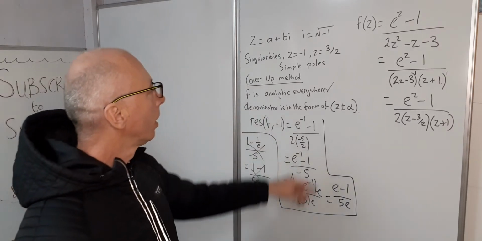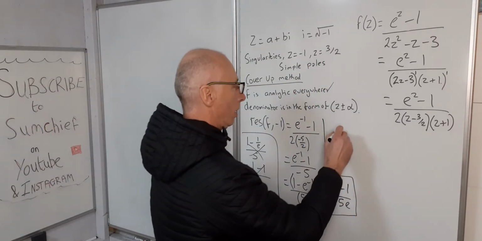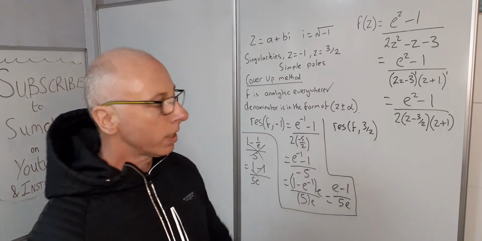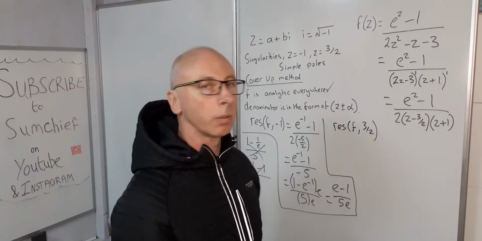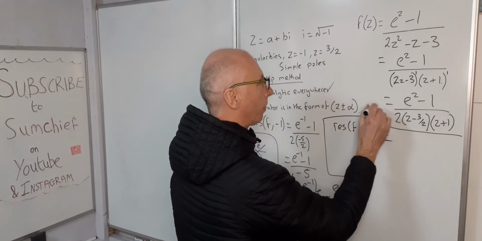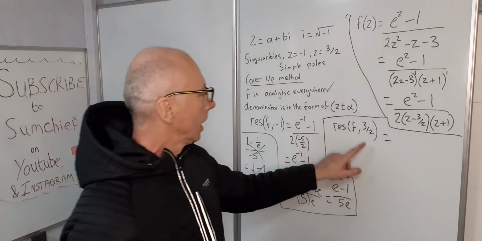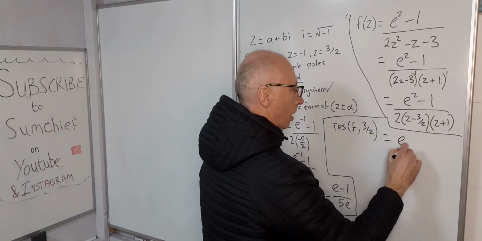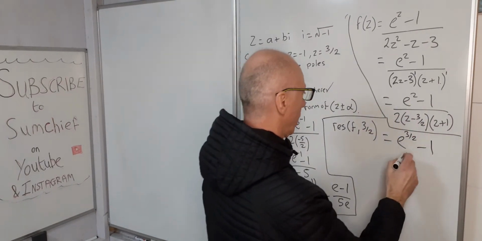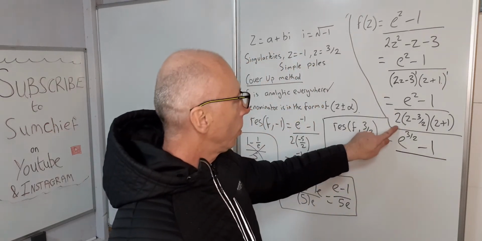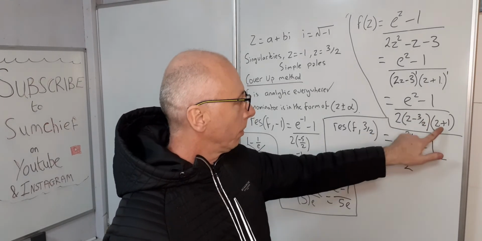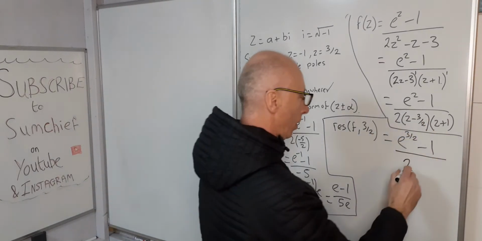Now we've got z equals 3 over 2. So the residue of f at 3 over 2. All that's left to do now is to plug 3 over 2 into our formula here, making sure the covered-up factor is not part of the calculation. So e to the 3 over 2 minus 1. Again, we're just plugging 3 over 2 in for all the z's. 2, then 3 over 2 minus 3 over 2, this is the one that we're covering up, and 3 over 2 plus 1, that's 5 over 2.